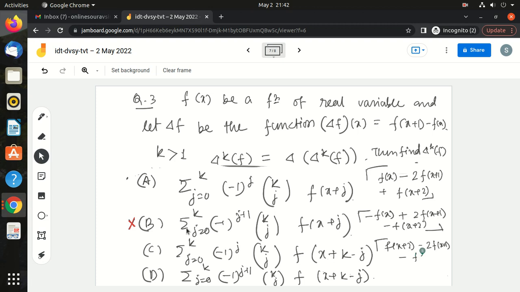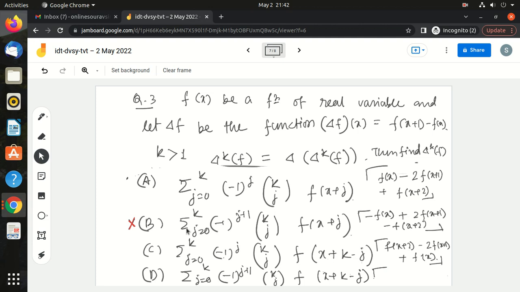If you put j equal to 2, you get minus 1 whole square equal to 1, 2 choose 2 is 1, so plus f of x. So you cannot conclude whether C is right, but you can see something is off.